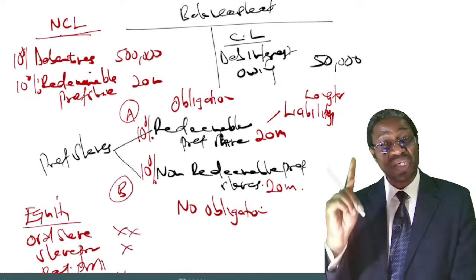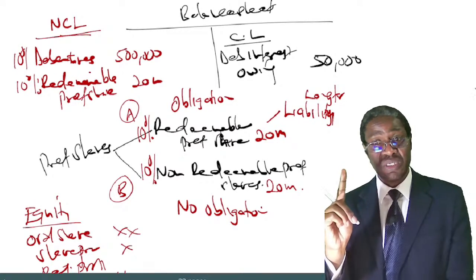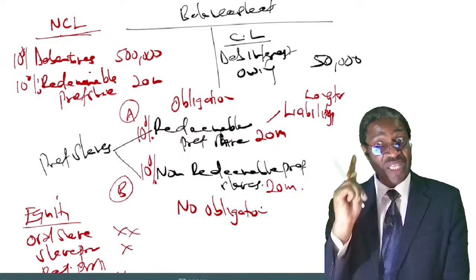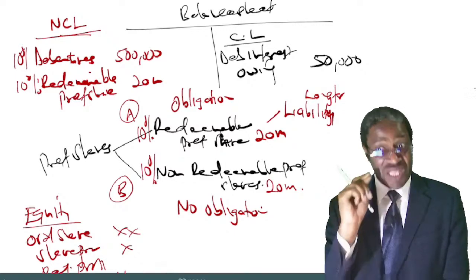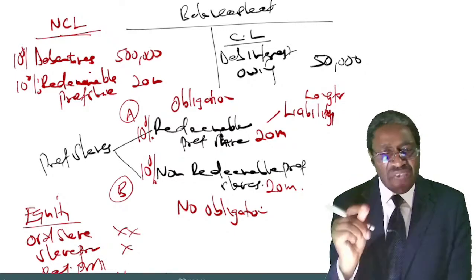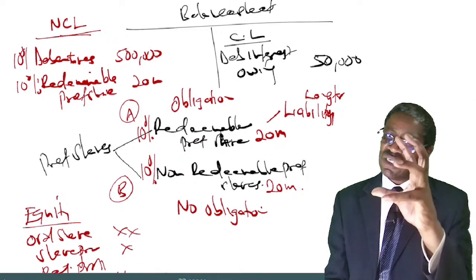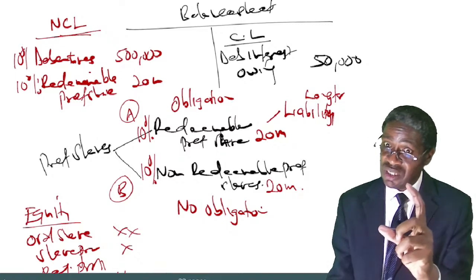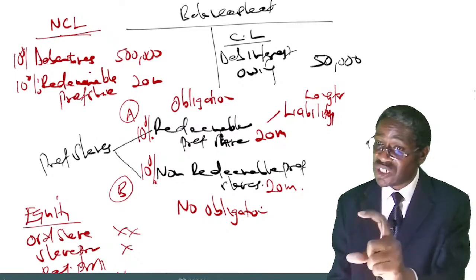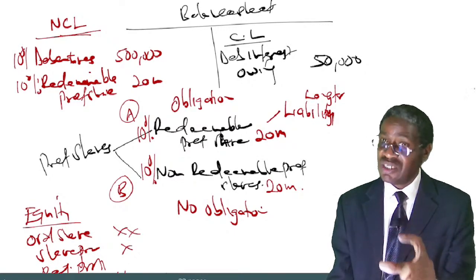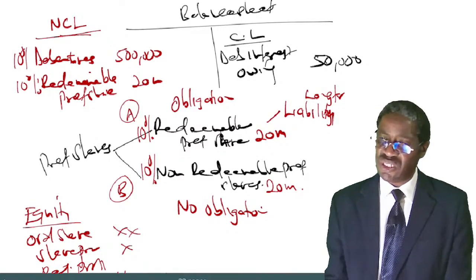So I've just talked about one key difference on the treatment of these two preference shares in the balance sheet. If you find out from the question that your company has in their trial balance a redeemable preference share, then when you are preparing the balance sheet, don't take it as part of equity.